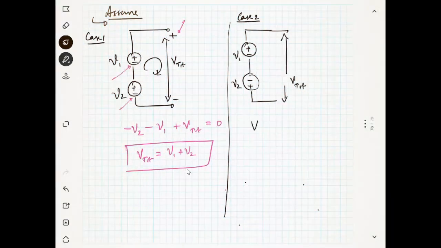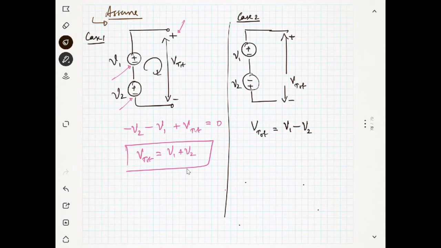Then without anything you can say V total is equal to V1 minus V2, if I assume the polarity like this.